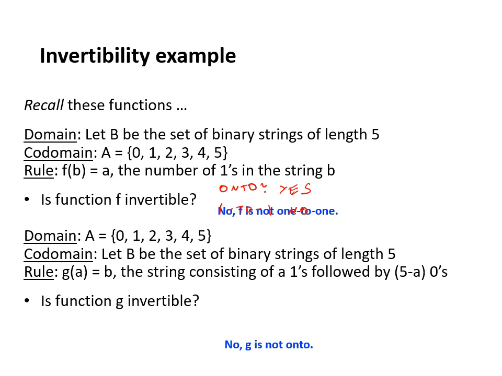Okay, so is this function onto? The answer is no. Because there is nothing that is going to map to, for example, 0, 0, 1, 1, 1. It's always going to be ones followed by 0. So it's not onto. So neither of these two functions are invertible.